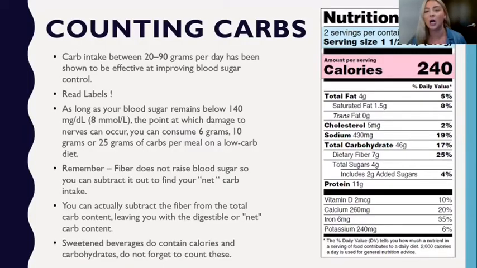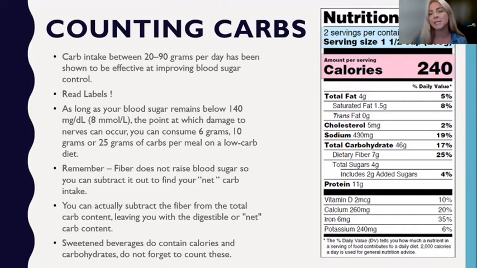So counting carbs, this is probably the most effective way to prevent or reverse diabetes, but it also takes a little bit more thought and planning. And I'll talk more about how to count carbs in our next presentation, but I did want to touch on it here because it's very important.